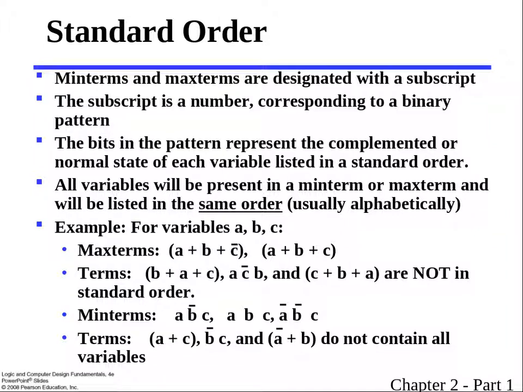So we want to put it in a standard order, and I wrote the standard order up on the board. And so let's see. Subscript is a number corresponding to the binary pattern. Hopefully we'll get to the binary pattern soon, because the index ordering actually will help you in identifying what it should be. Let's see, all variables will be present in minterm and max term and will be used in the same order alphabetically. Yeah, okay, so ABC, let's see, max terms A or B or not C, and then A or B or C, correct.